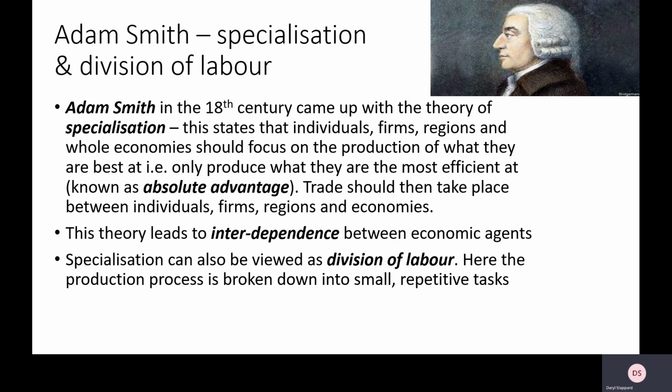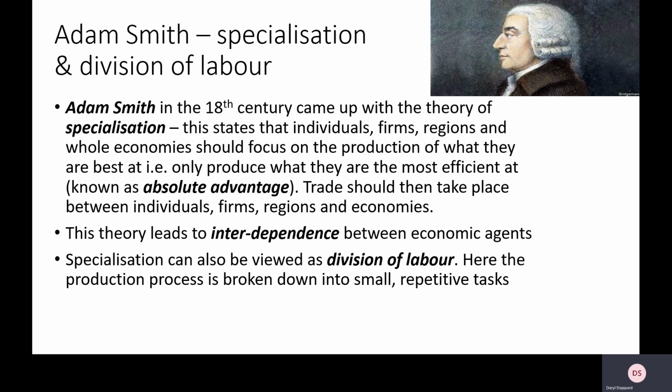Now, we can also view specialisation in terms of something we call division of labour. And this is where we break down the production process into very small, simple, repetitive tasks. So this could be on a production line, for example, where a worker on a car production line might literally add the wheel, add a particular bolt, and that is one small task they complete over and over again.